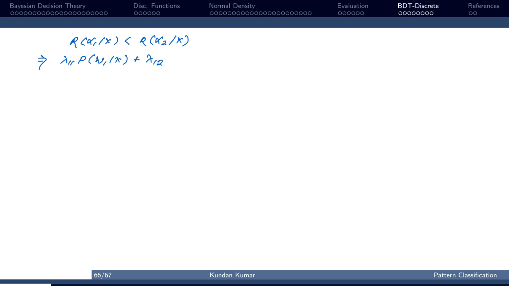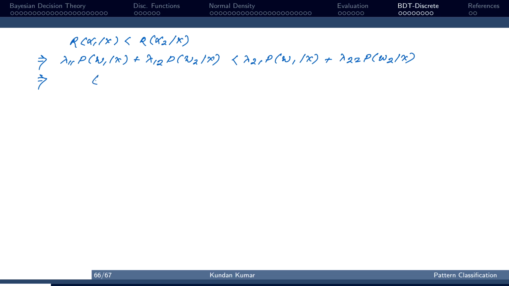We can put these equations. Then just simplify by taking the common posterior probabilities.